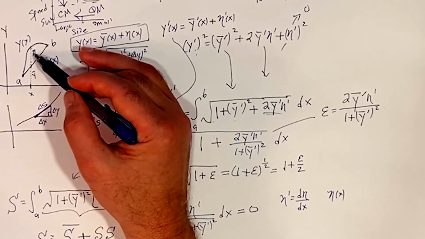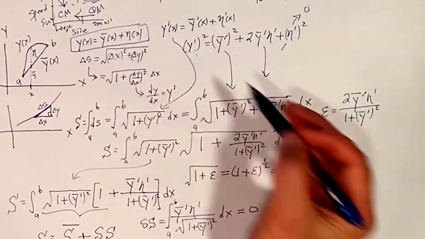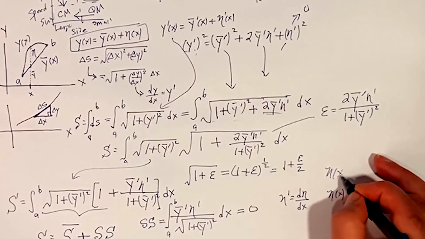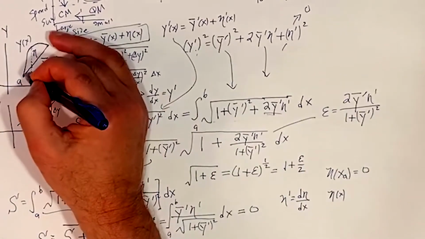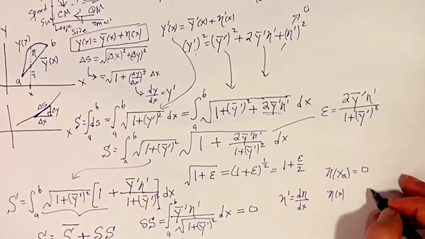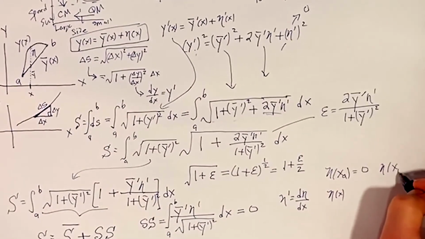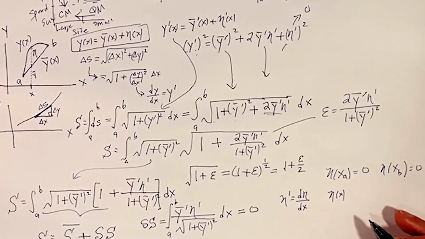And that means these etas are going to vary, except that you have to start at a and you have to end at b. So the value where x is equal to a, that has to be 0. You have to start here. There's no error there. And then if you look at eta, say at point B, that has to be 0. But everywhere else can be anything.